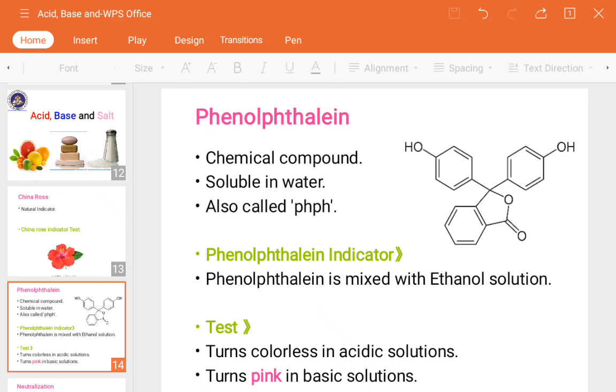Later, how do we test whether a solution is basic or acidic?